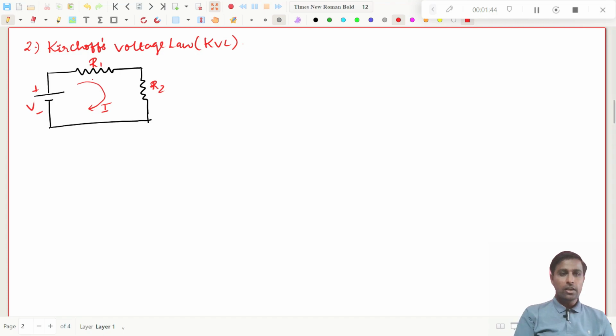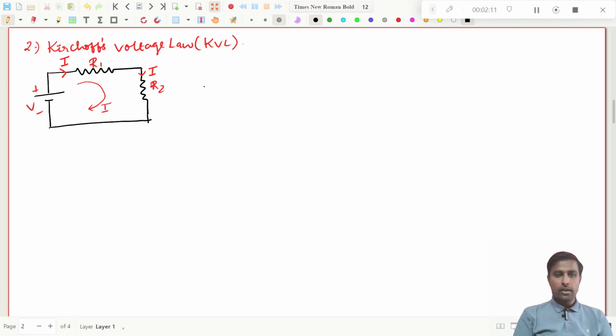Fine. Now we have assumed the current direction, and this is I, and the current flowing through this resistor will also be I. Fine. Since it is a series path, both the resistors will carry the same current, right? So now I will write down the definition, then I will tell you what is the Kirchoff's voltage law.